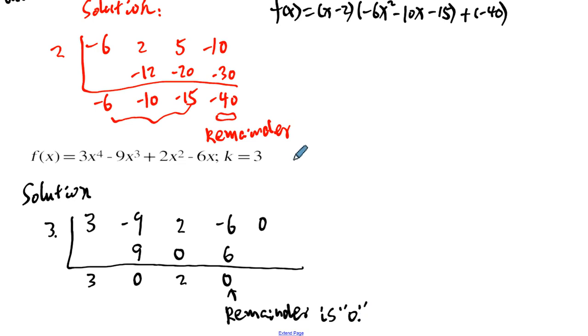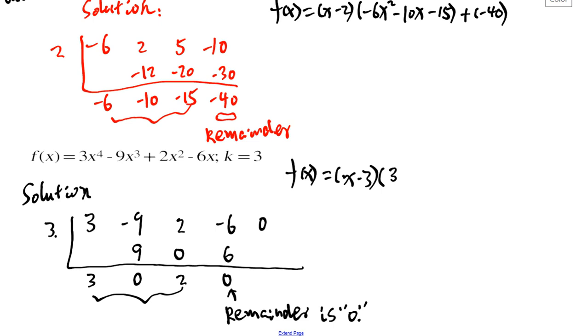You will do f of x is the divisor x minus k, which is x minus 3, times the quotient. Now I should do one more step.